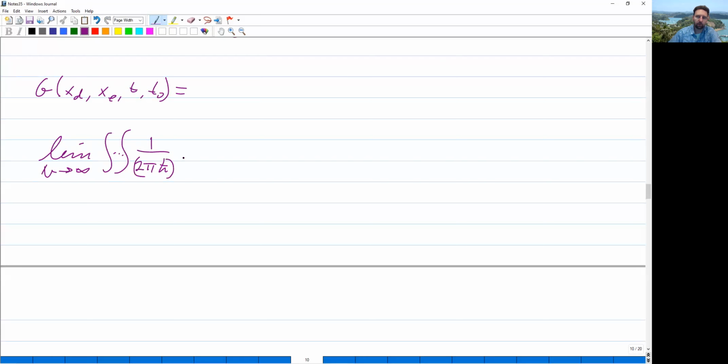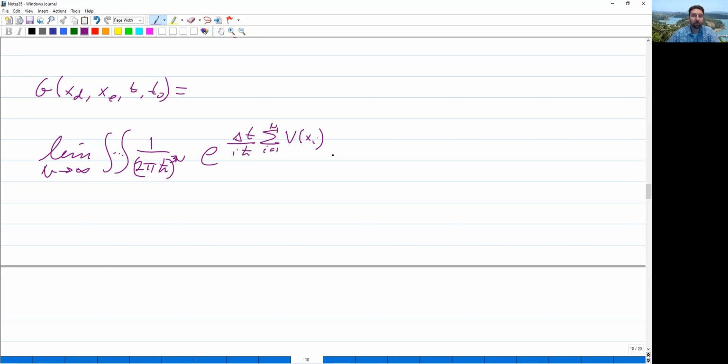This is from those Fourier factors. And then e to the power of delta t divided by i h bar, and then all those potential terms. The potential terms can be written like this: sum i equals 1 to n, and then it's simply v of xi.